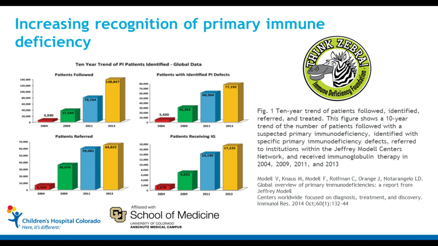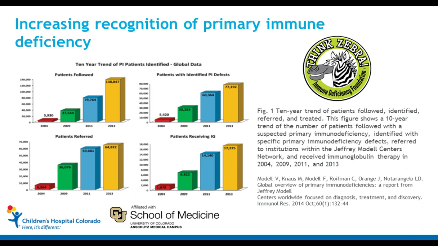So this slide is taken from a paper published in 2014, and it shows the 10-year trend of patients that were followed in clinics, that were identified with primary immunodeficiencies, patients who were referred to centers where patients with immune deficiencies are treated, or patients receiving intravenous immunoglobulin.